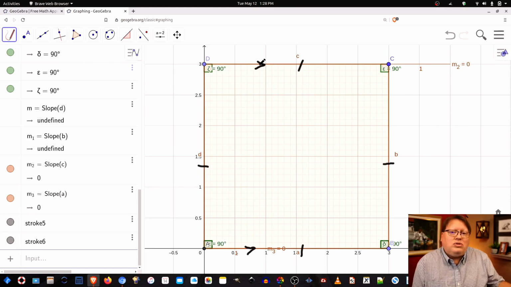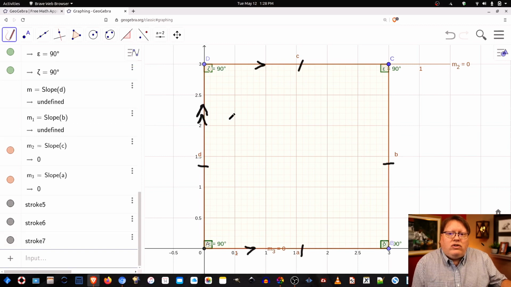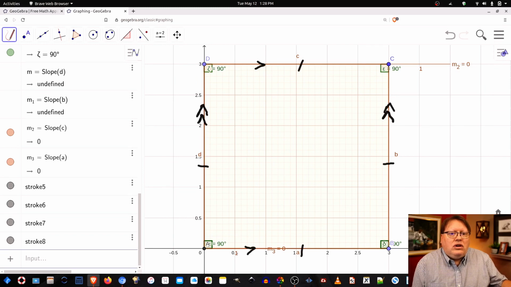Okay, so all you do is put an arrow on the side, and these two sides are parallel, so I'm actually going to put two arrows, and I'm going to put two arrows over here. Okay, so what that tells me is I have a polygon where opposite sides are parallel. All the sides have the same measure, they're congruent, and I have 90-degree angles at my vertices.